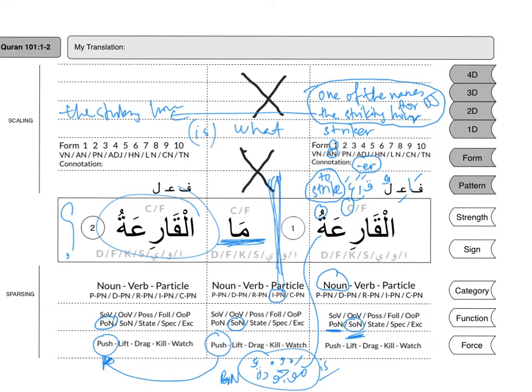Of course, in the eventual translation you would not really say the striking hour exists. You just say the striking hour, the shocker, depending on how you choose the words. Okay, so that's the first two verses.